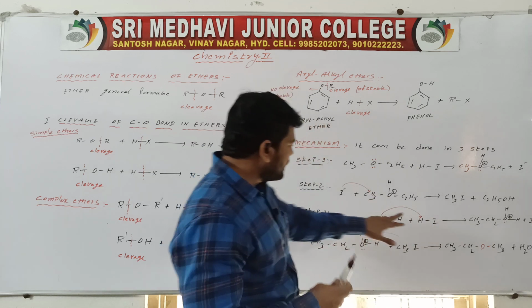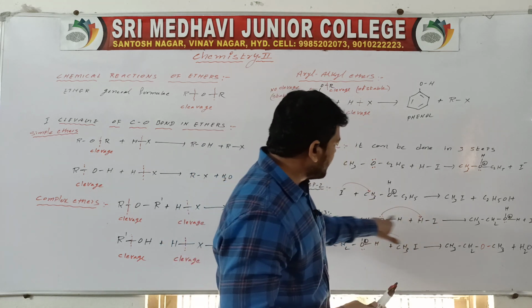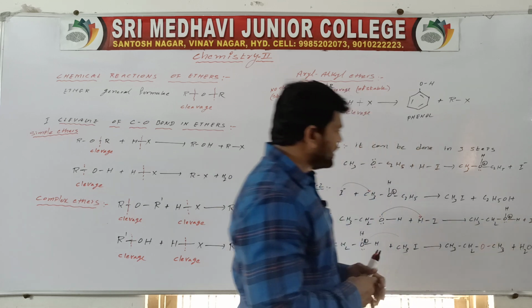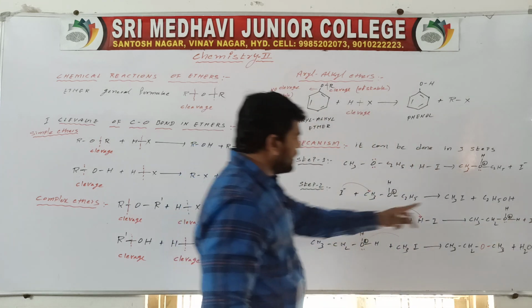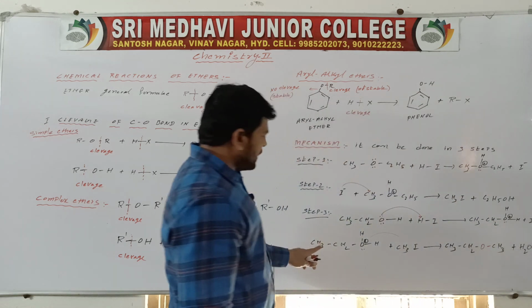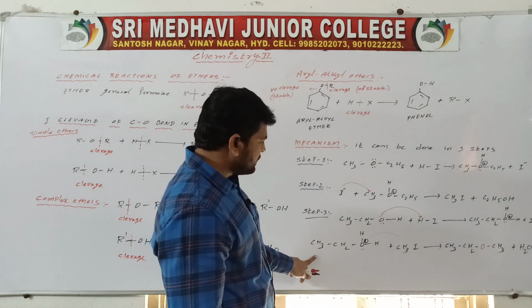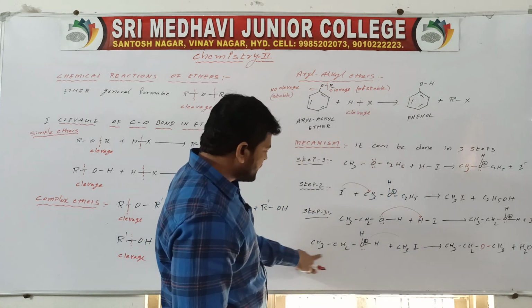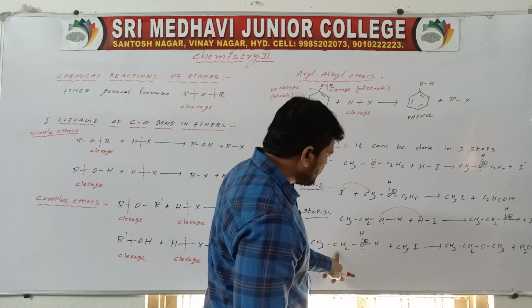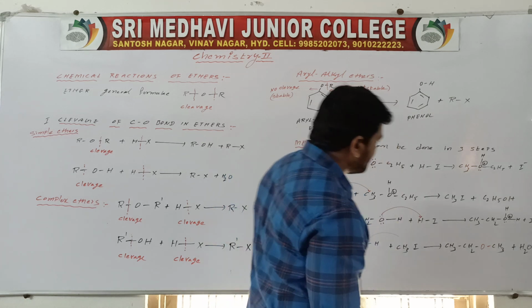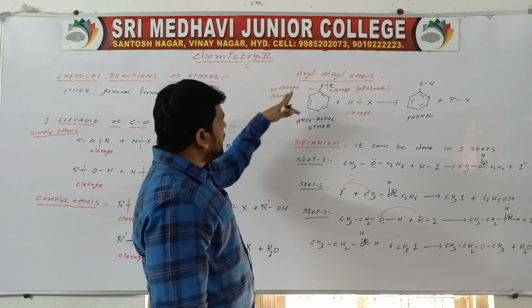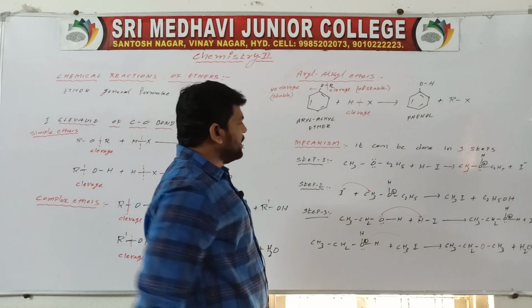Then what happened? It donates an electron pair to HI. CH3CH2 I minus is formed. Then again I minus reacts with this one, and CH3CH2OCH3 is formed. Okay, so here alkyl aryl ethers can be formed like this.